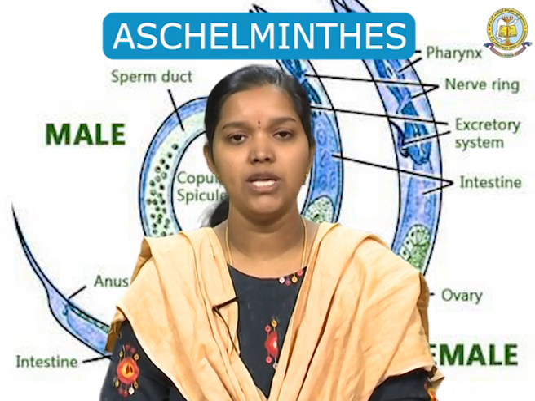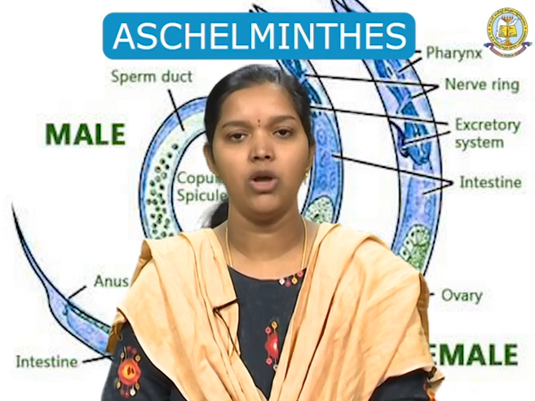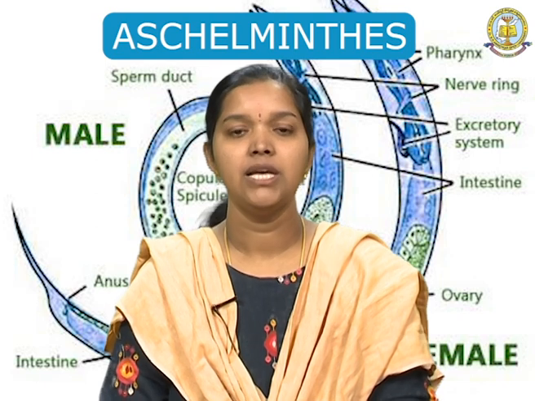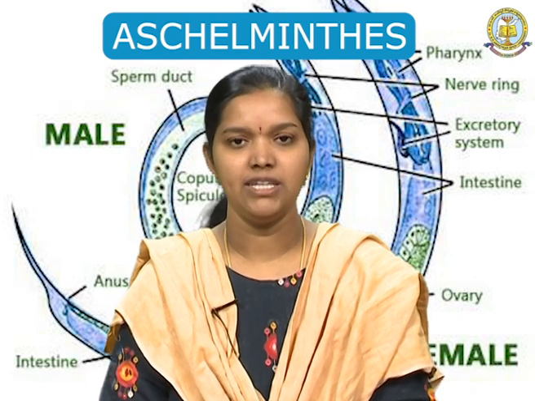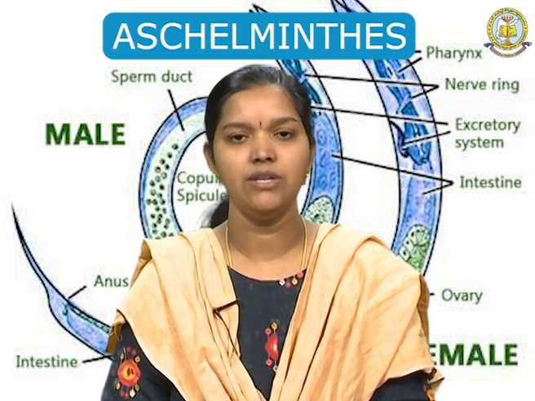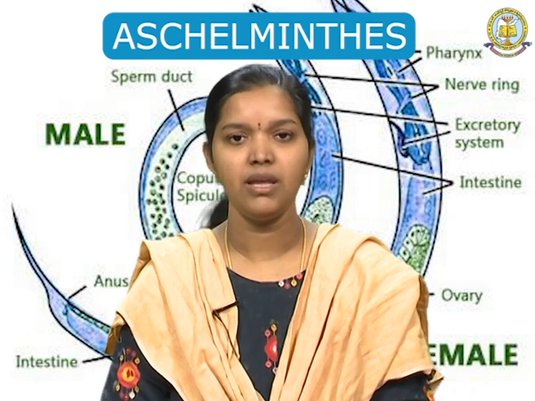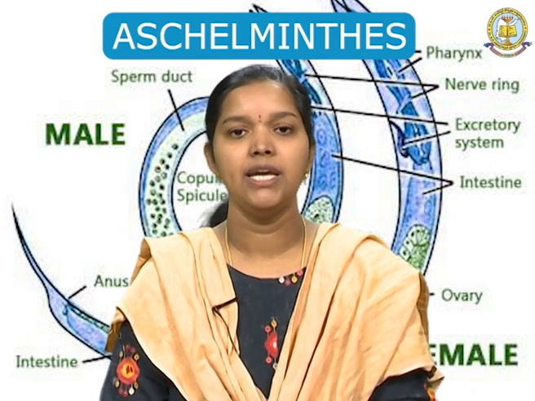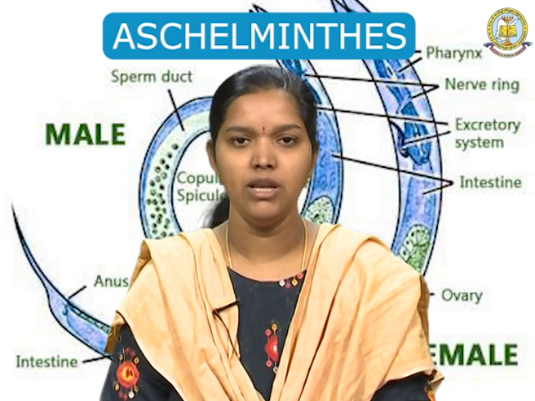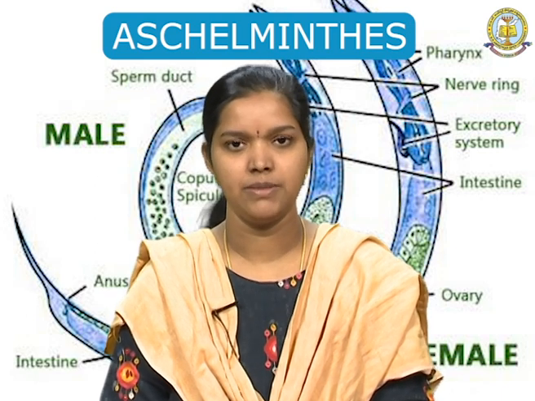The true coelom is of mesodermal origin, that means the coelom or body cavity originates from the mesoderm, and it is present in between the body wall and the internal organs.